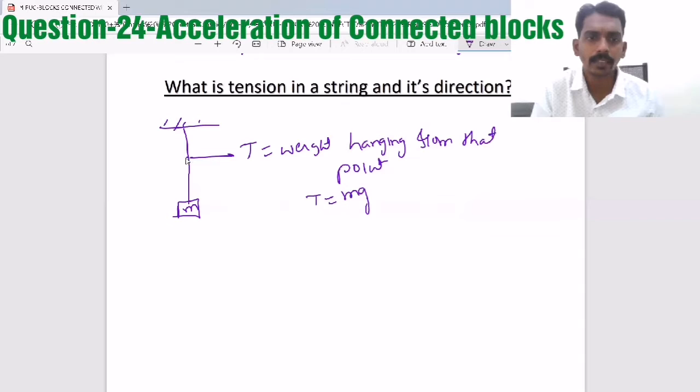This point has equal and opposite forces, downward and upward, so that it is in equilibrium. That common force with which it pulls down or pulls up at that particular point, we call tension.